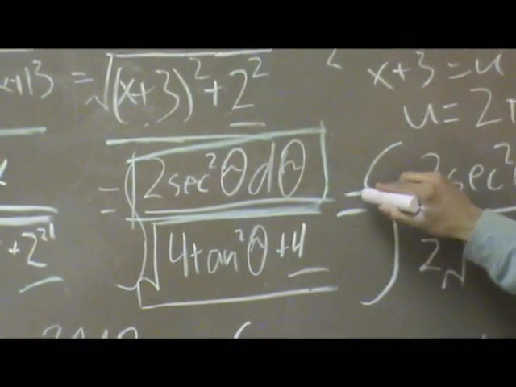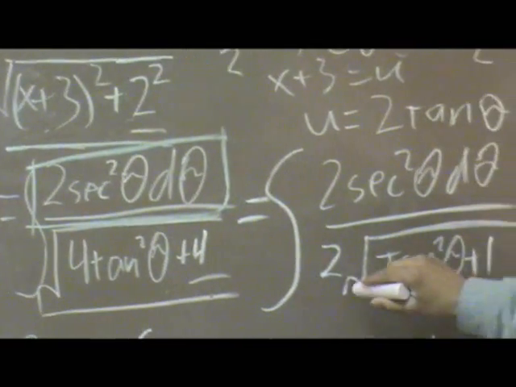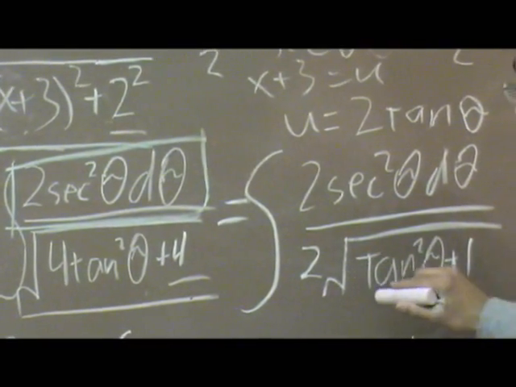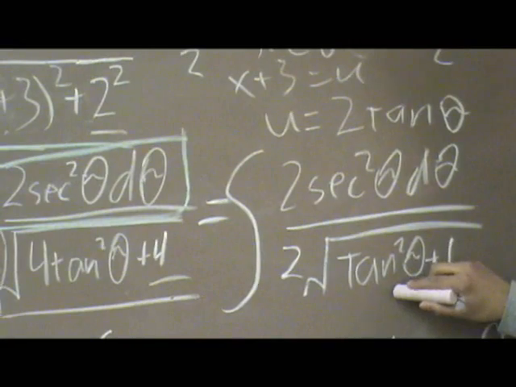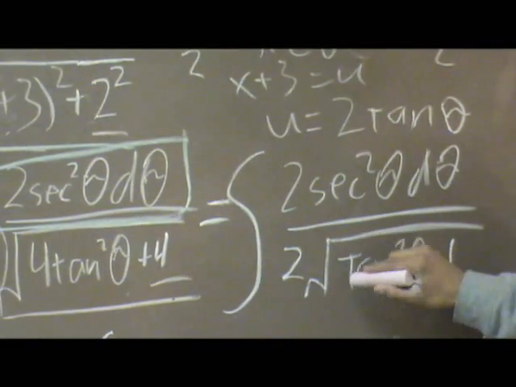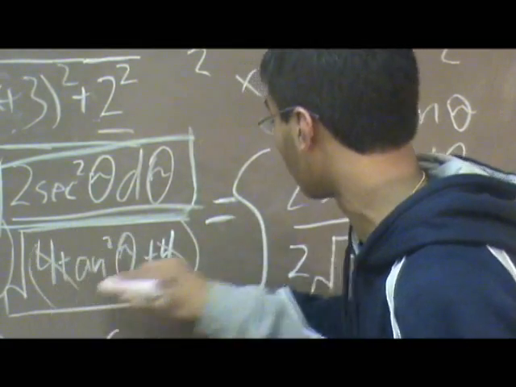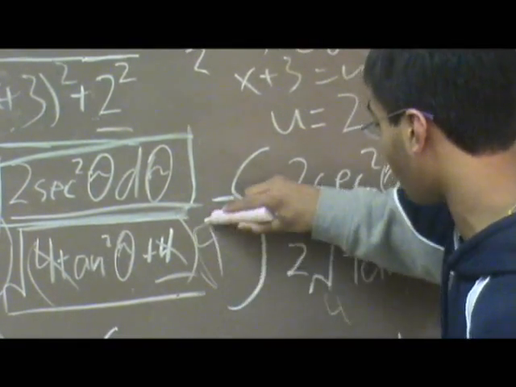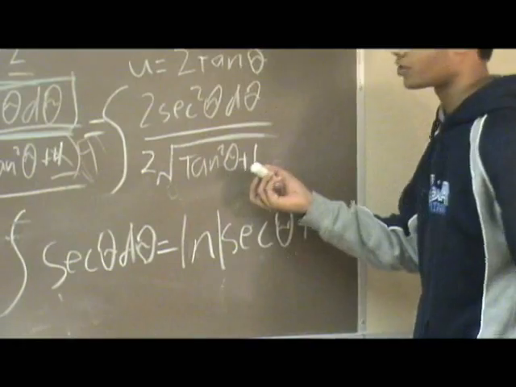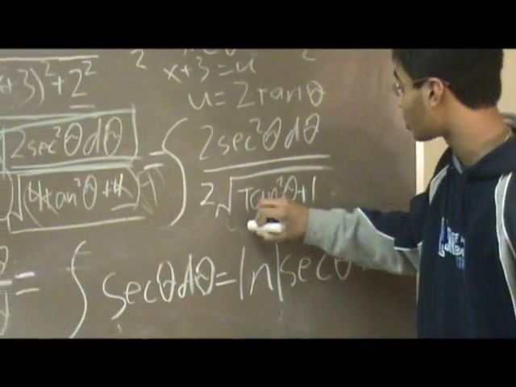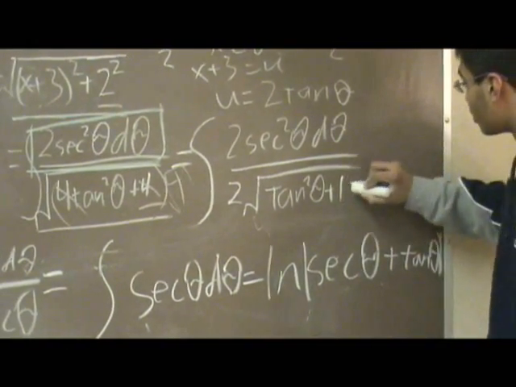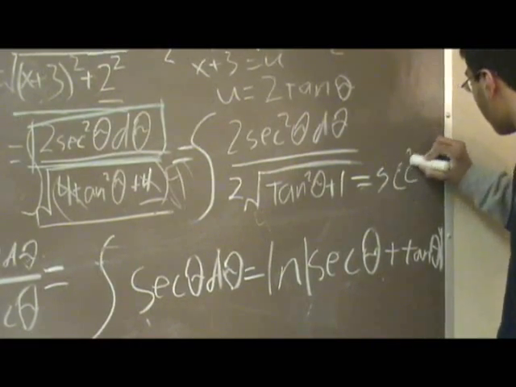We can keep simplifying this and pull out the 4 from 4 tan squared theta plus 4, and take the square root of that. We know the basic trigonometric identity that tan squared theta plus 1 is equal to secant squared theta.